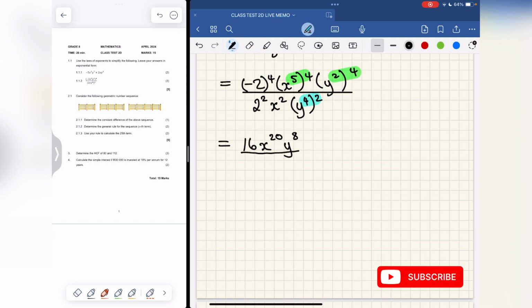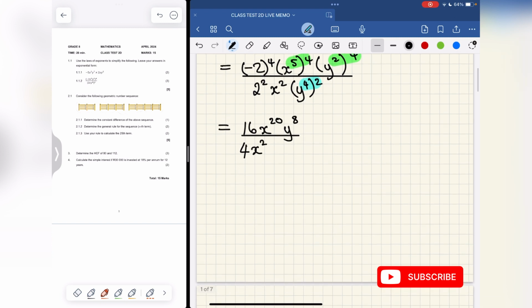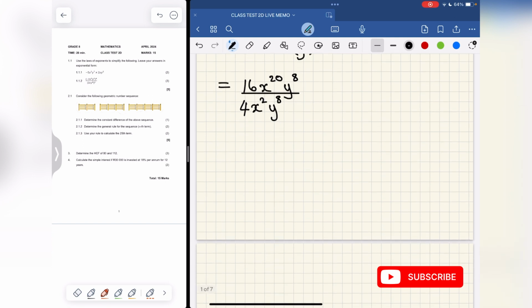And then in my denominator, I've got 2 to the power 2, which is just 4. I've got x to the power 2, which is already there, and 4 times 2 for the y, that will just be 8. Right, so now we've simplified our numerator and denominator individually, and we still need to divide.